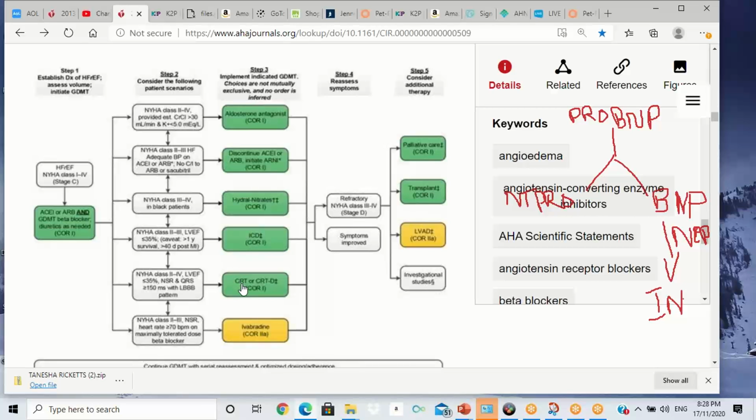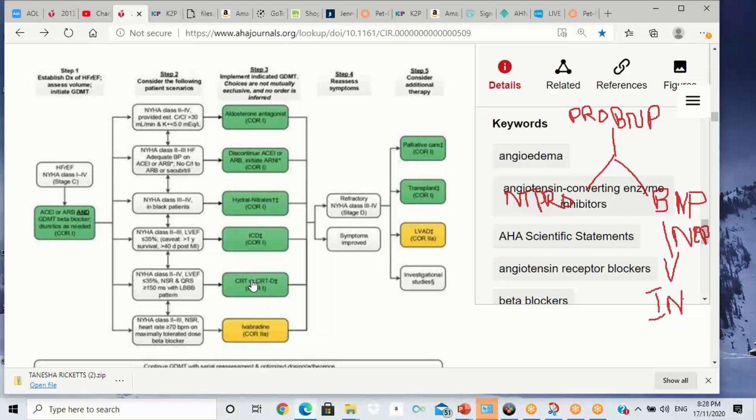What about CRT, which is your BiV pacemaker? Again, ejection fraction less than or equal to 35%. Okay. It should be in sinus rhythm. QRS should be greater than or equal to 150 milliseconds, and it should have some evidence of left bundle branch block, or the ECG should have a left bundle branch block pattern, and that's a CRT. So these are class 1 indications now. Again, when you're tested, they're going to test you on class 1 and class 3.